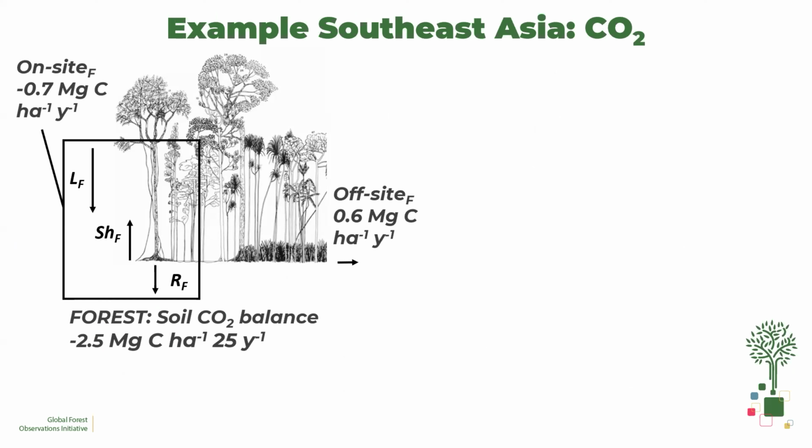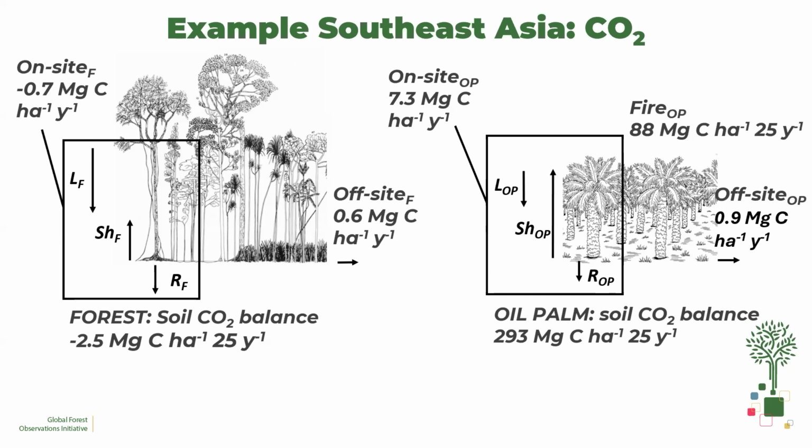You can see the on-site peat CO2 emission factor and the off-site peat CO2 emission factor, both of which lead to an uptake of minus 2.5 tons of carbon per hectare over 25 years. I'm using 25 years because I'm comparing to an oil palm plantation, whose rotation time is typically 25 years.